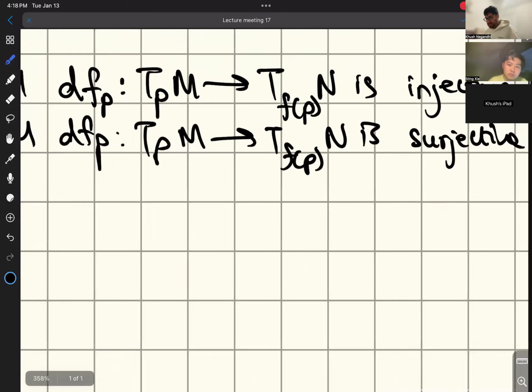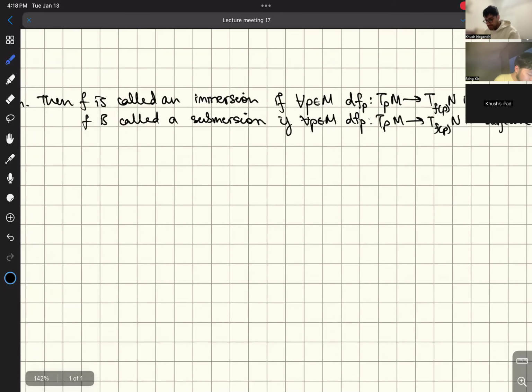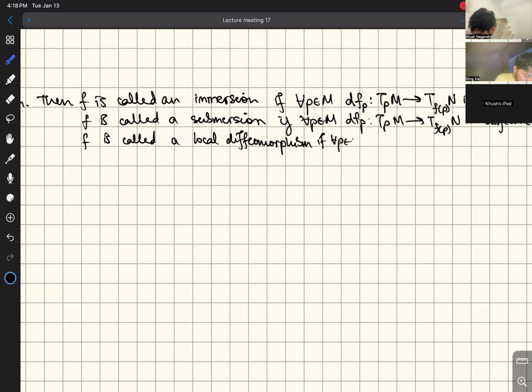Again, standard definition. f is called a local diffeomorphism if for all points the differential is bijective.